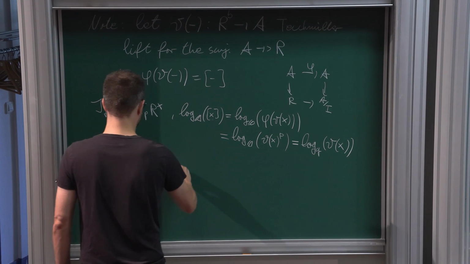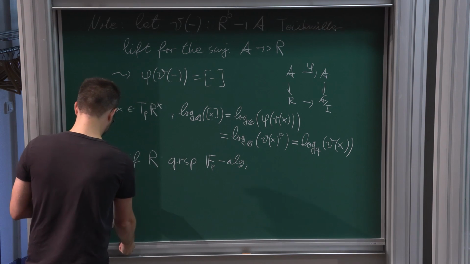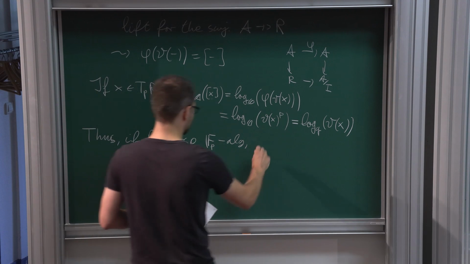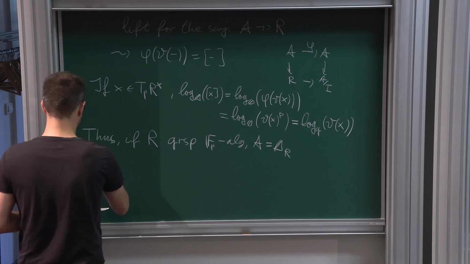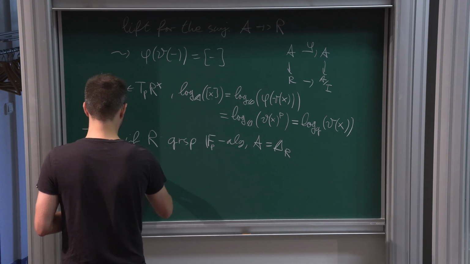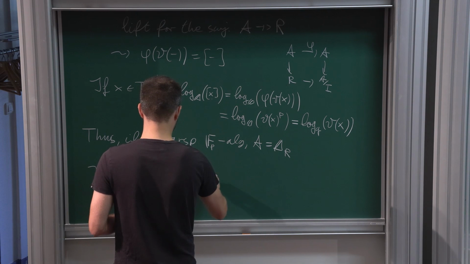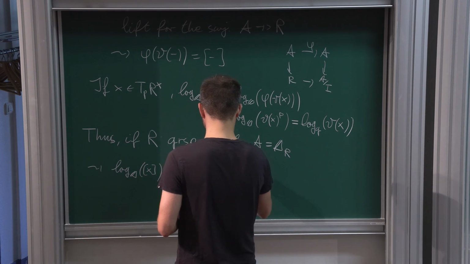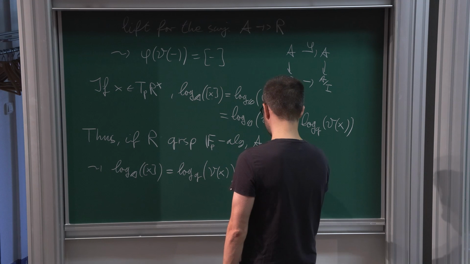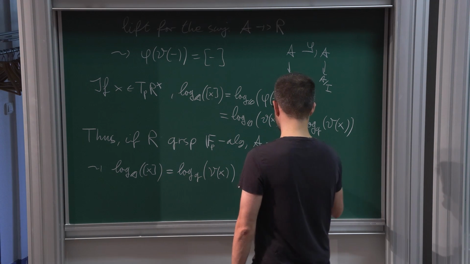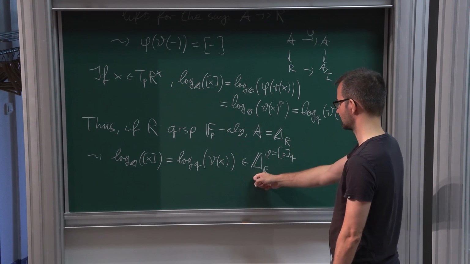So if R is quasi-regular semi-perfect and an FP algebra, and we set A equal to the prism of R, then the prismatic logarithm evaluated on the Teichmüller of X is equal to the Q logarithm of nu of X, and so this identifies with an element in the phi equal to Q analog of P eigenspace of this prism.